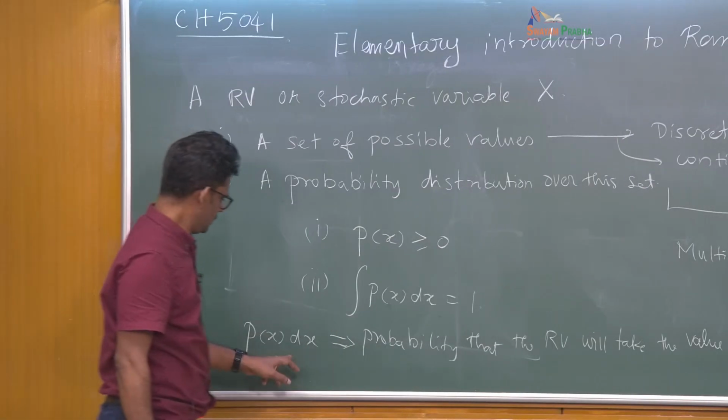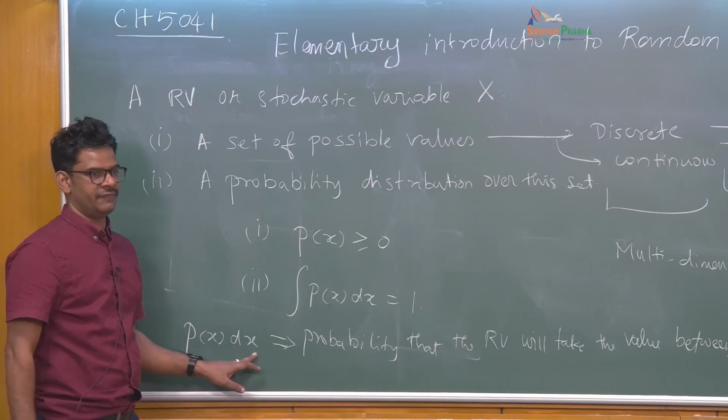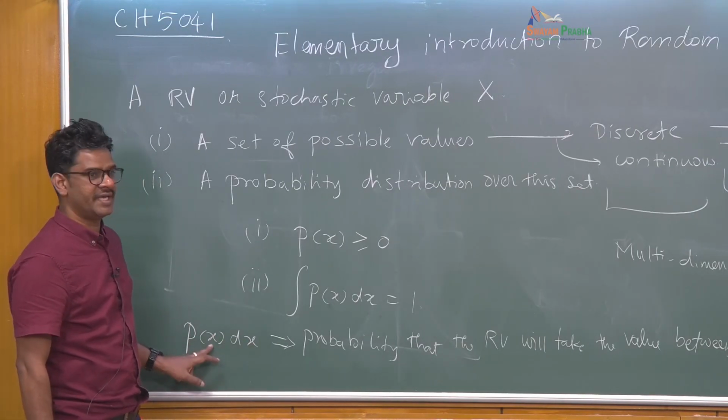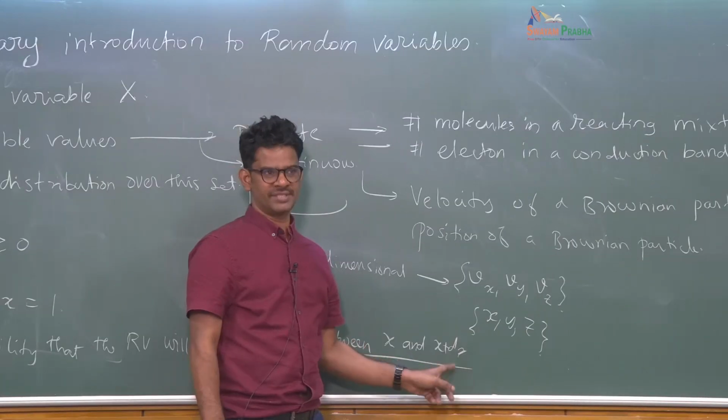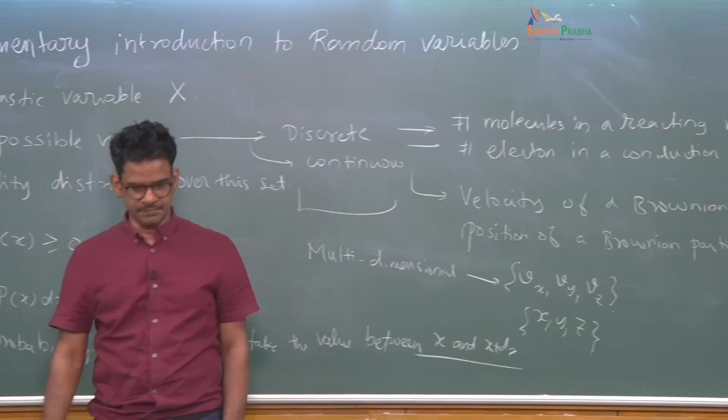Okay, so p of x dx will tell you the probability that the random variable will take a numerical value in the interval x to x plus dx. Again, I am assuming it is a continuous random variable.